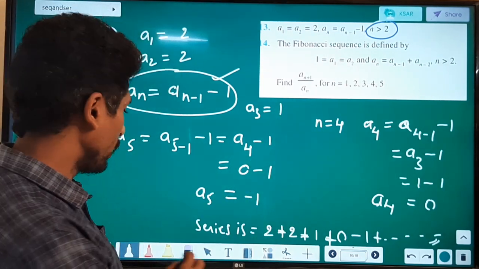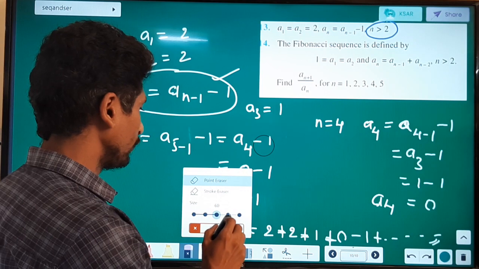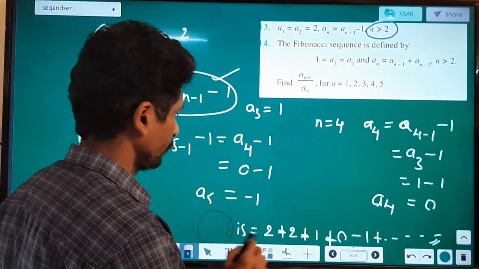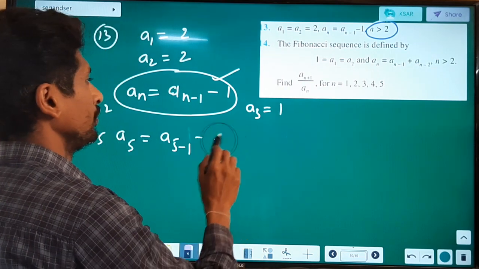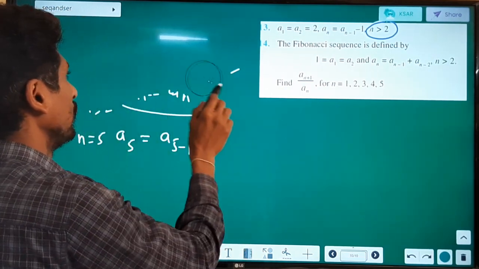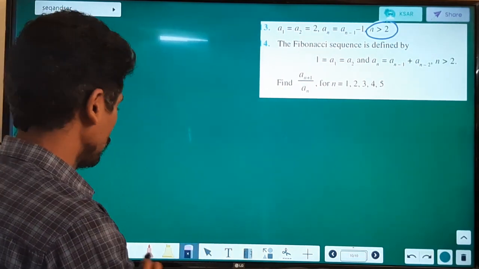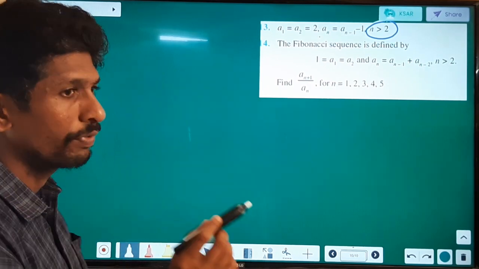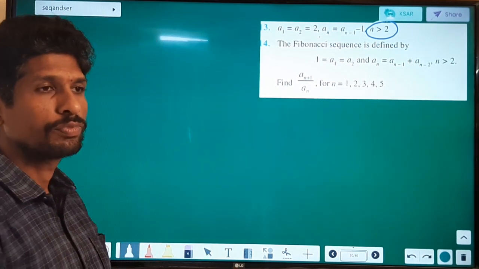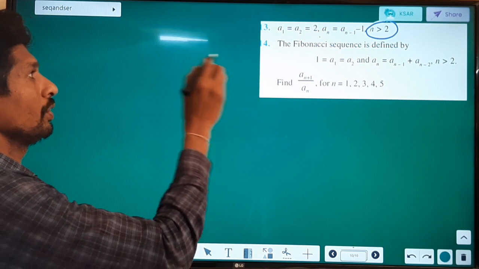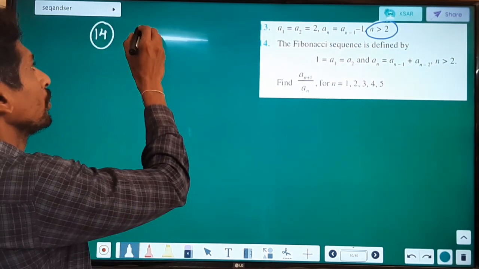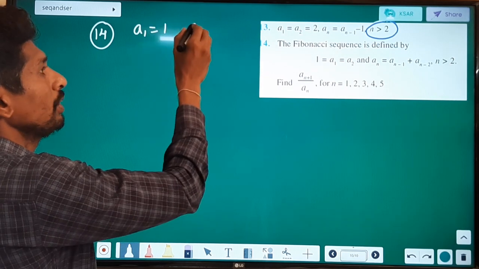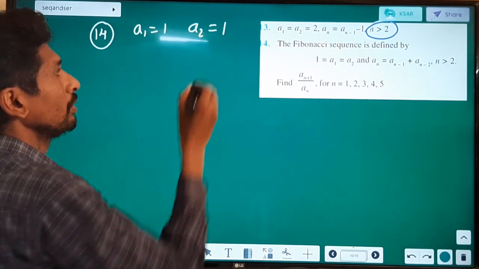So now we go and discuss the 14th one now. First, I will find out the first 5 terms of the nth term now. So the 14th solution becomes now A1 is 1, A2 is also 1.